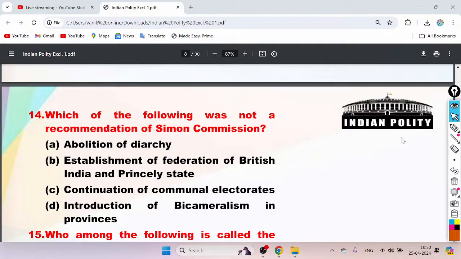Which of the following was not a recommendation of the Simon Commission? The John Simon Commission is a very important commission so far as British rule in India is concerned. This commission came to review the working of the Government of India Act 1919 and make suitable contributions towards strengthening the system and pacifying the growing anti-British campaign.